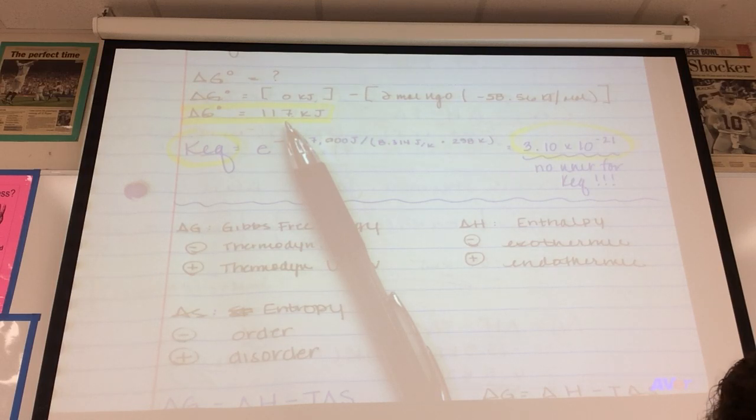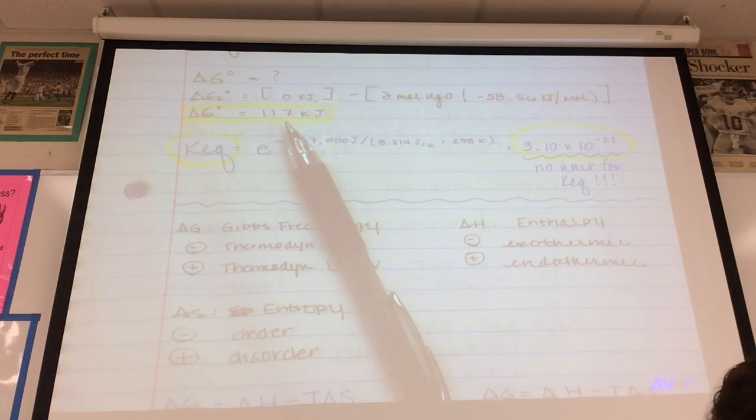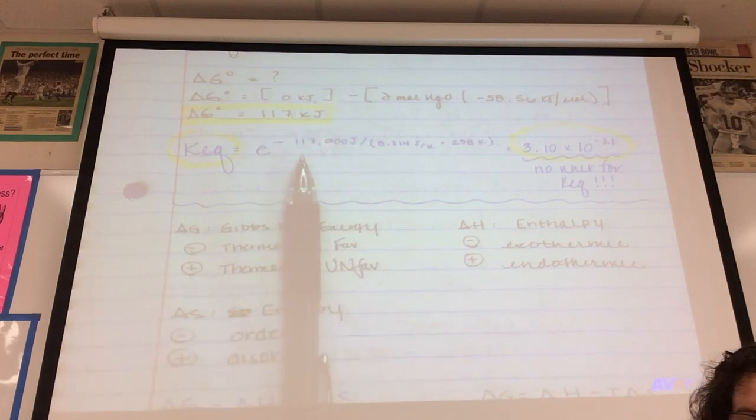So if it's huge, like 10 to the 10th power, the reaction's not going to go. Right, and I think that's what I was driving at.